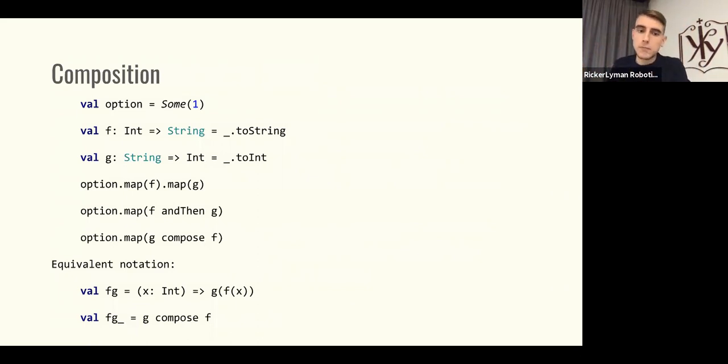This is pretty obvious, I guess, but the method compose can be a little bit confusing sometimes because it works in a reversed way. It should be read in a reversed way. With the andThen method, you just write f andThen g. This is very obvious.